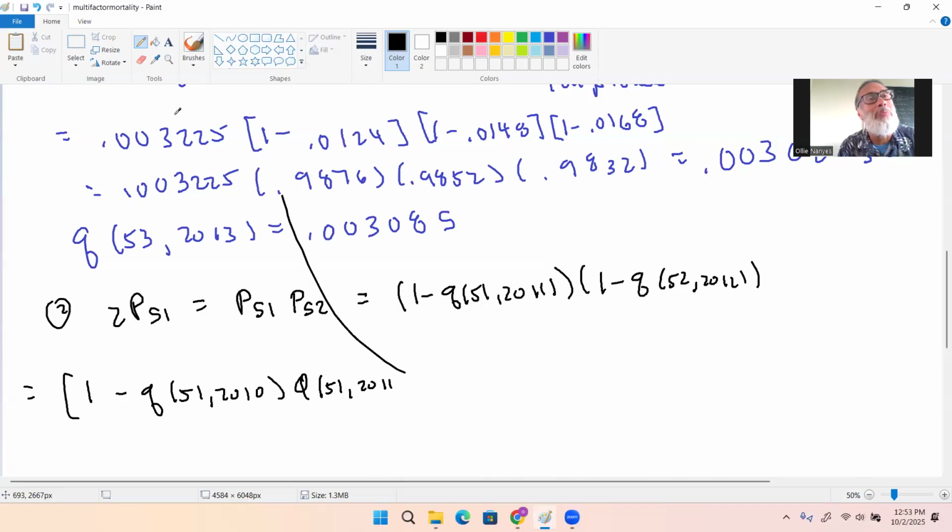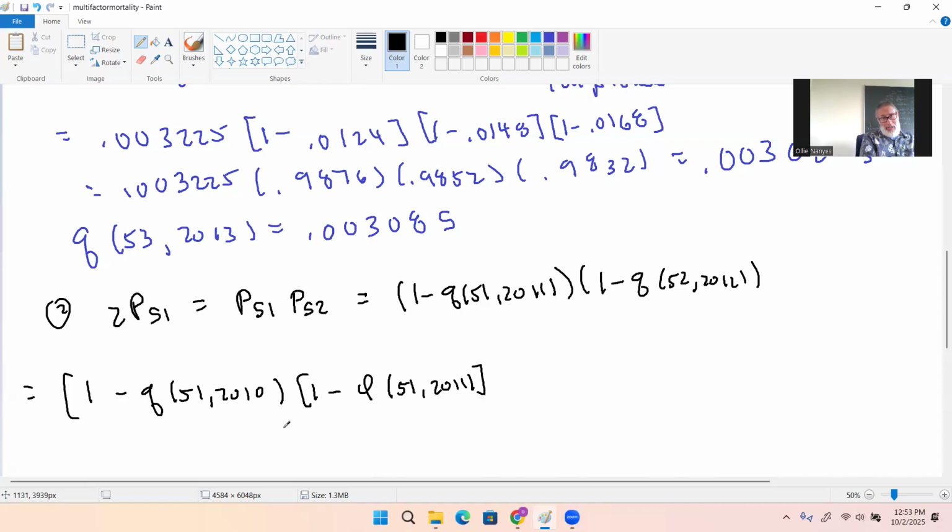I just screwed that up big time; what I wrote was total nonsense. It's 1 minus the mortality improvement factor for a 51-year-old in 2011. We only need this one factor here. So that gets us to this.